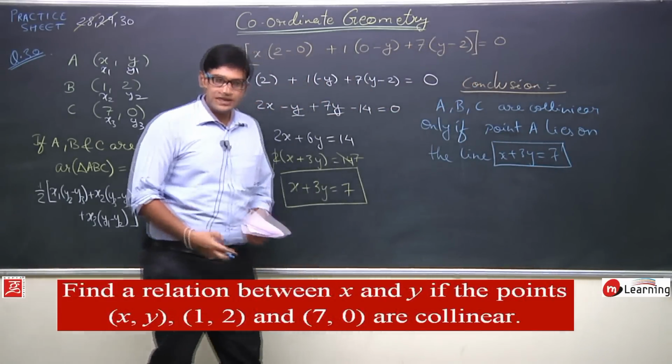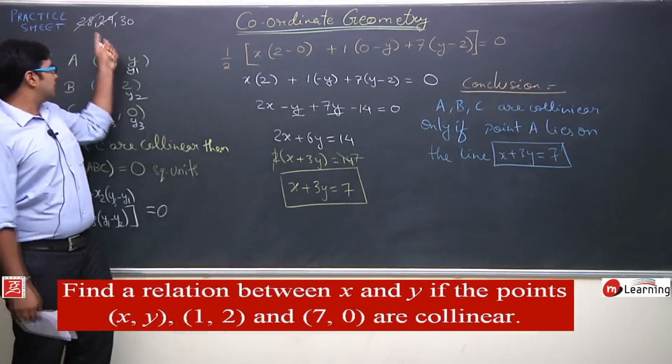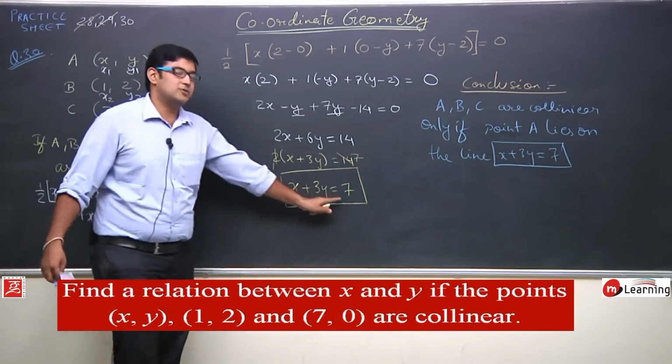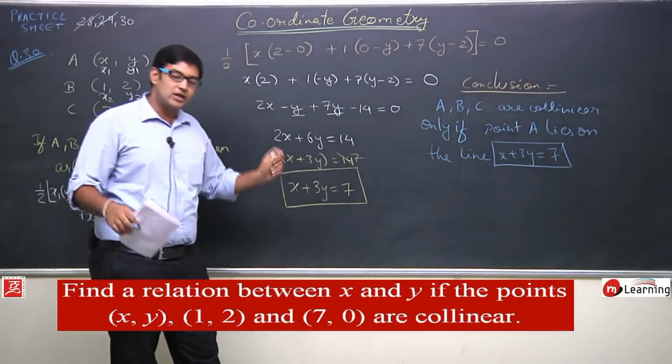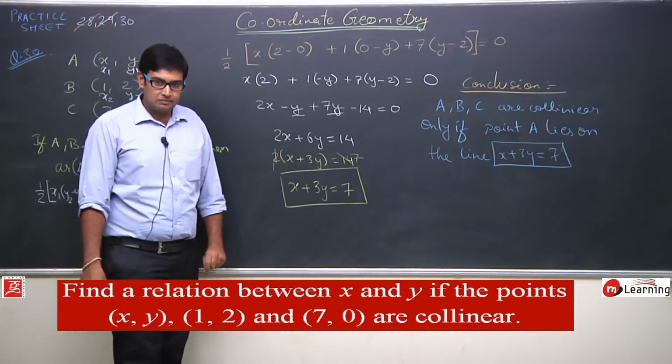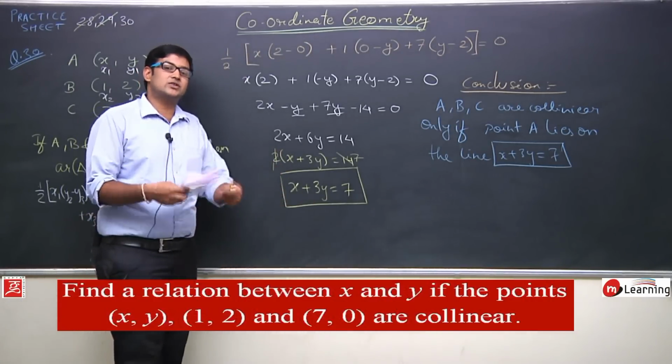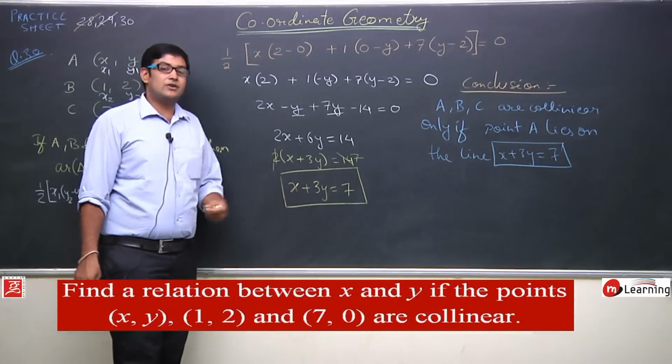Okay, so what I want to say is, if point A lies on this line x plus 3y is equal to 7, meaning if point A is lying on this line, then it is satisfying this relation, so the values of x and y should be such that the relation is satisfied.